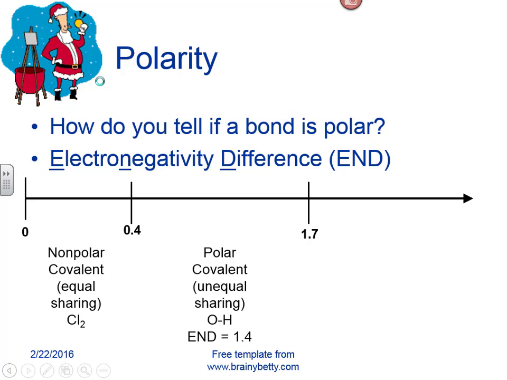An example of a bond that is polar covalent is the bond between oxygen and hydrogen. That's the kind of bond that occurs in water molecules between oxygen and hydrogen. If you were to find the electronegativity difference for those, you'd look up oxygen, you'd look up hydrogen, subtract them, and it turns out that you get 1.4.